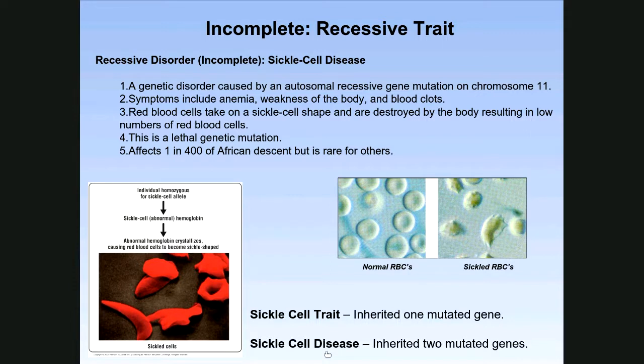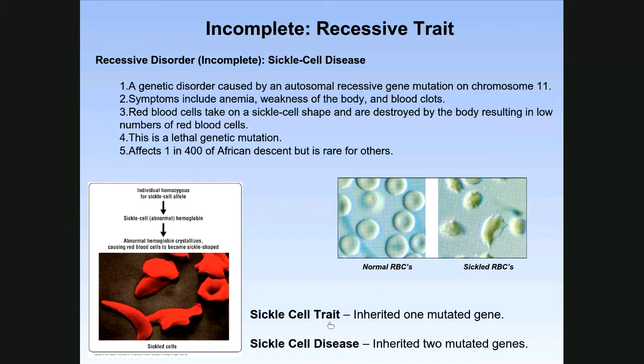However, the reason why sometimes they'll say it's incomplete is because for individuals that are carriers, individuals that are heterozygous, the dominant allele, which I use an uppercase S for, that's the normal allele. For those that are carriers, they'll inherit a dominant allele, uppercase S, and a recessive allele, a lowercase s allele.